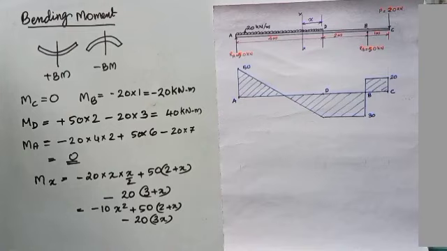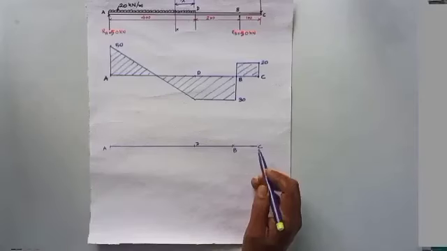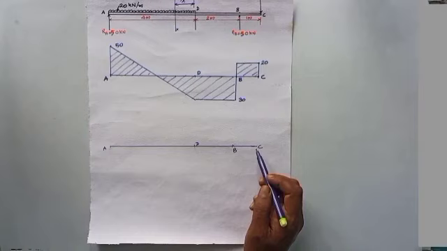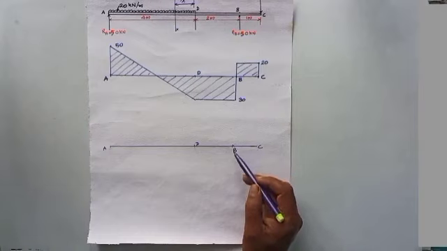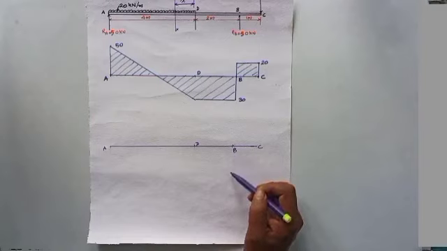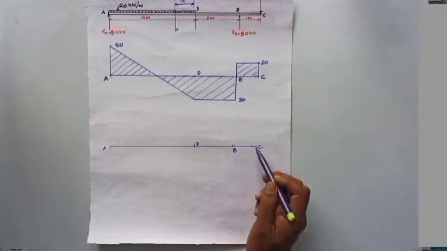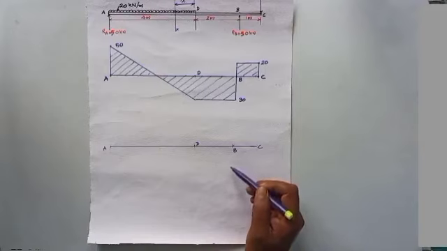Now we can draw the bending moment diagram. The bending moment at C is 0, and the bending moment at B is minus 20. Therefore, in order to connect C and B, you can use a straight line, and at point D the bending moment is plus 40.